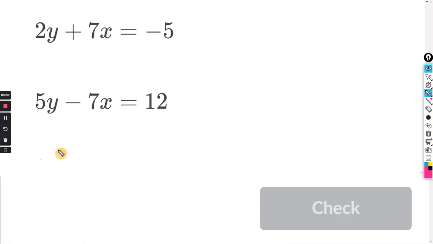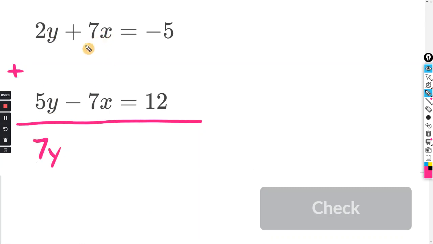Looking at these two equations, the coefficients do not match for the y's, but for the x's, we have a positive 7 and a negative 7. So we can add these two equations, and the 7x's will drop out. So 2y plus 5y is 7y.